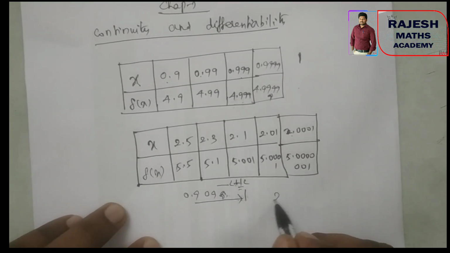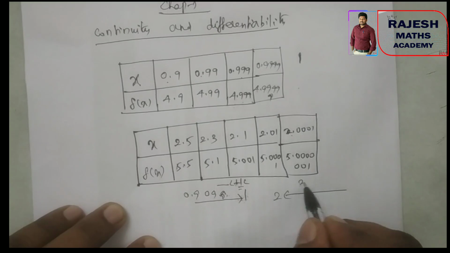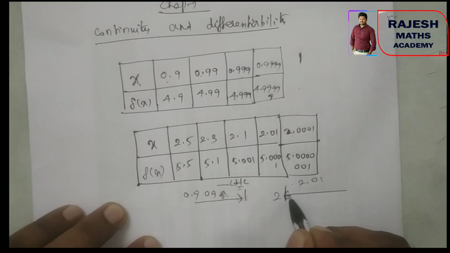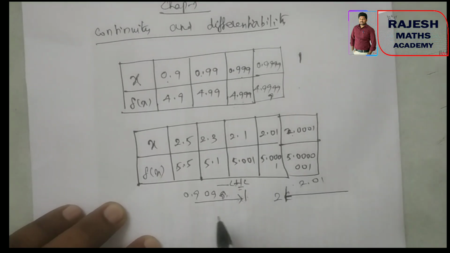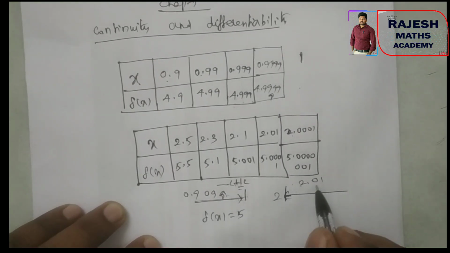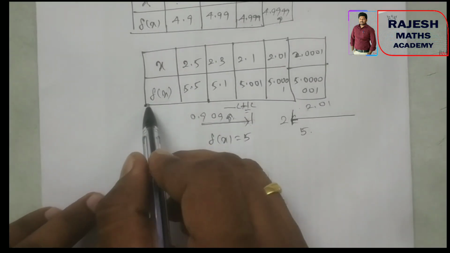Similarly, here 2 is approached from the right hand side, 2.01, 2.001, 2.0001, so it is taking very near values. So like that, x approaching 1 means f of x approaches 5 here. Here x approaches 2, and f of x approaches 5 here also. Clear?